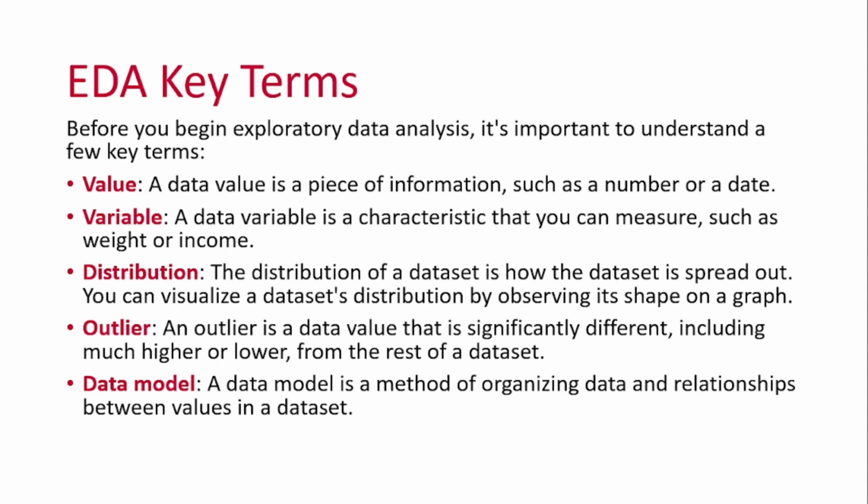Alright, next we have the distribution. Distribution is how the data set is spread out, or distributed across different ranges. Basically, it provides insight into the central tendency, variability, and the shape of the data.